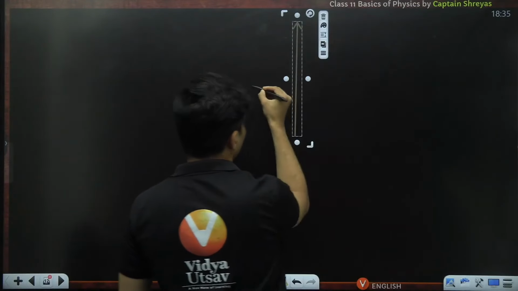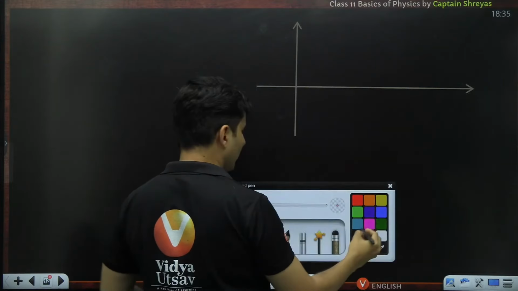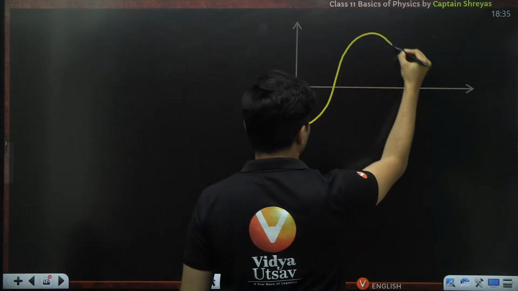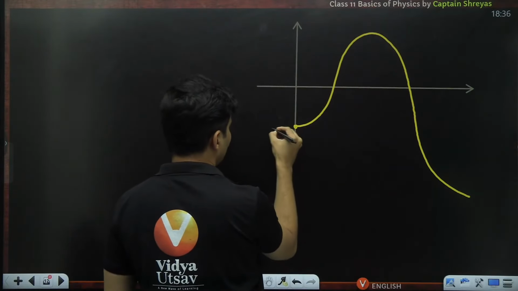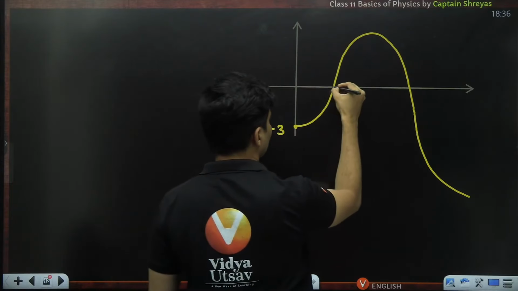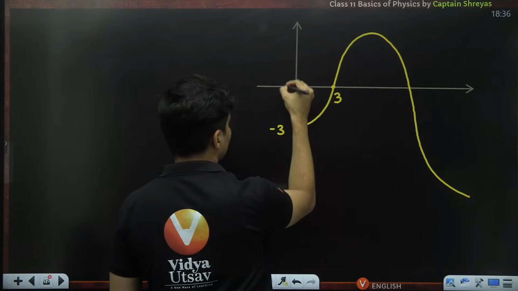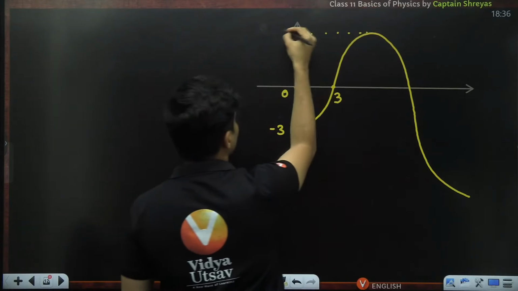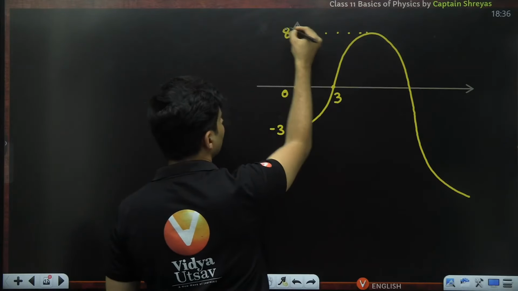Imagine this particular graph, which I'm just showing to you over here. Let's say the graph goes like this. Let's say this is -3. Let's say this is 3. Let's say this is obviously 0. Let's say this is 7 or maybe 8 or something.